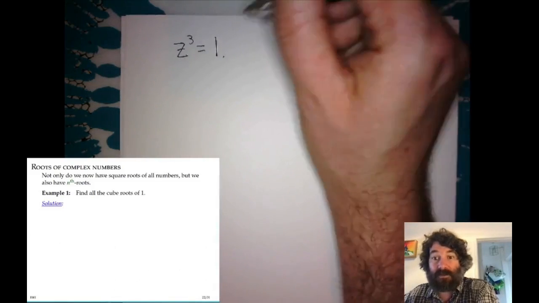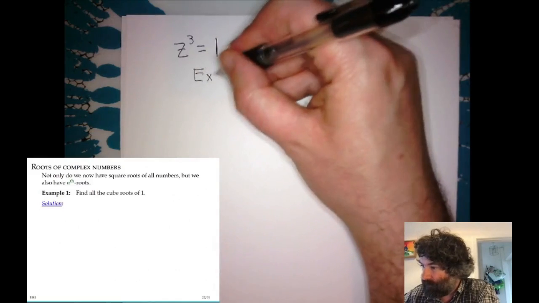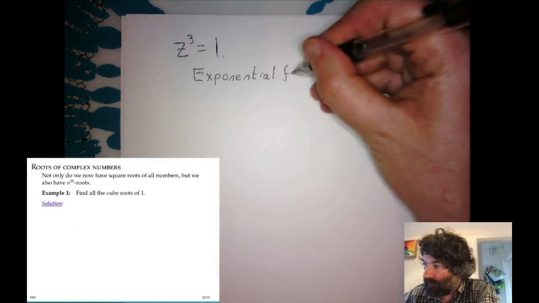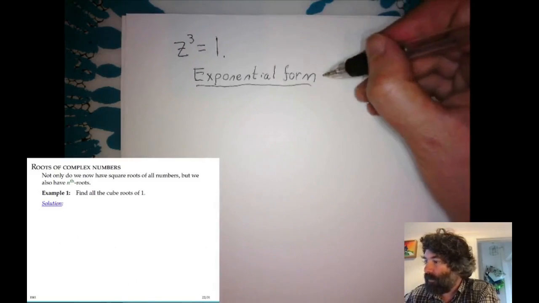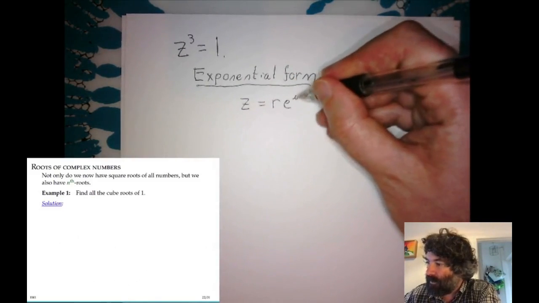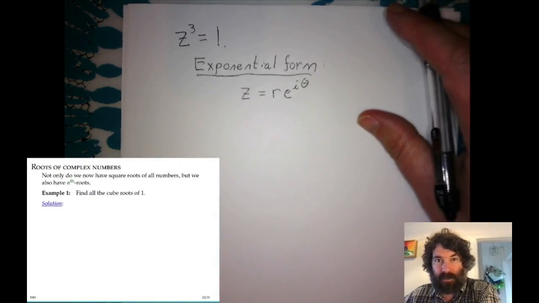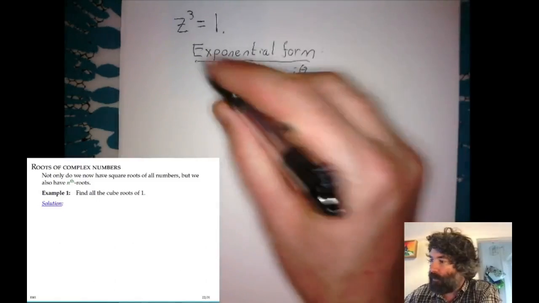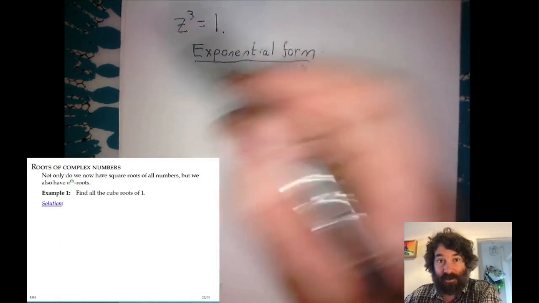All right, and so let's write z in the exponential form. So the exponential form will be the modulus of z, which we write as r, times e to the i theta, where theta is the argument of z. All right, and so we plug the exponential form into the formula that we need to solve in order to find all the cube roots.